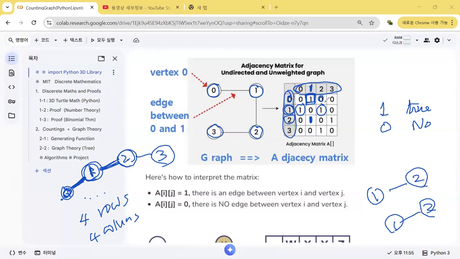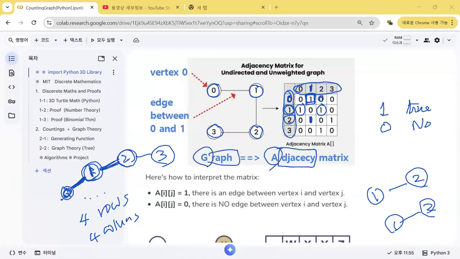In this way, we can make a kind of matrix representation for the graph. This kind of matrix is called an adjacency matrix. Okay, adjacency matrix. This is the graph.